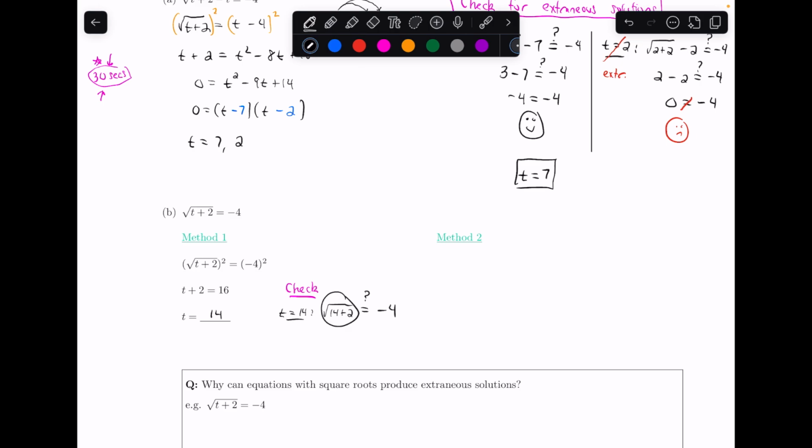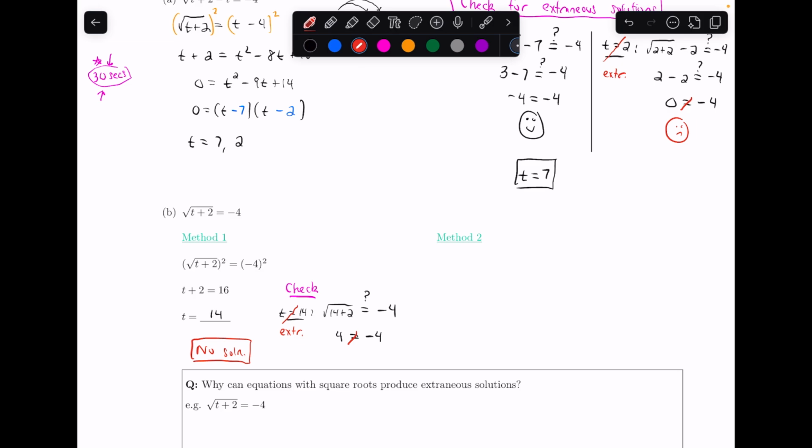Well, on the left I get the square root of 16, which is 4, and 4 definitely does not equal -4. So I'm going to put a slash through this answer and say it's extraneous. Overall, that means when I solved this, I got one answer, and because it did not work, there are no solutions to this equation.